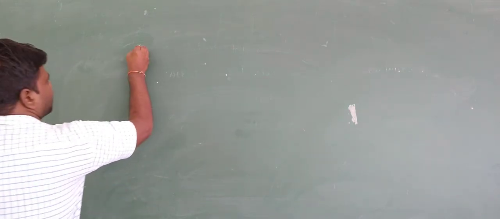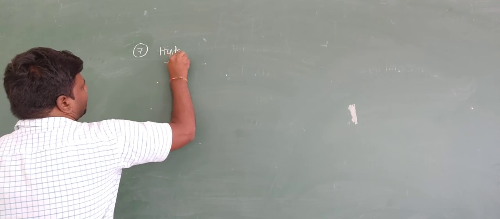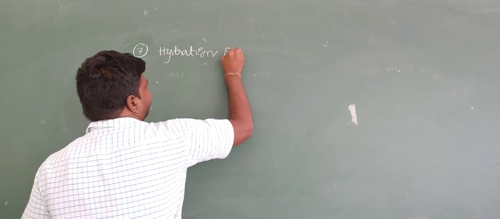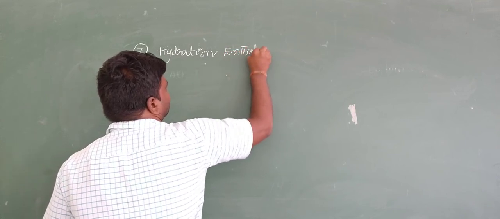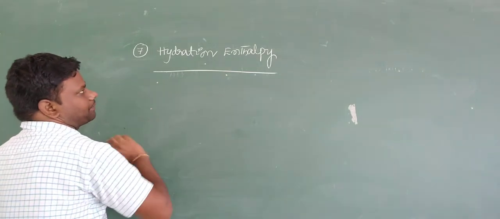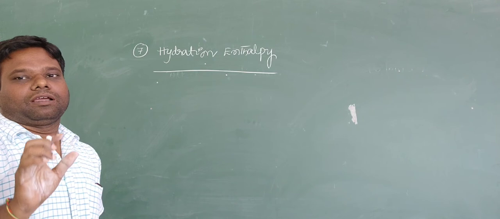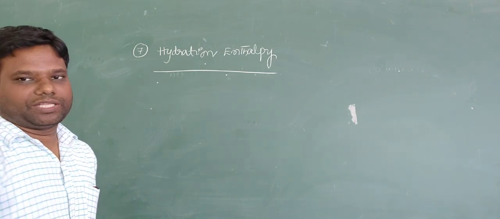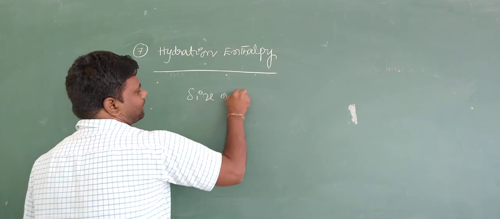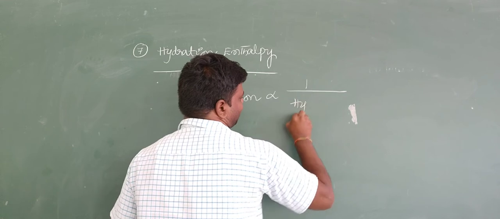Seventh property, hydration enthalpy or energy. Here one relation is that hydration enthalpy and size are inversely proportional. So size of the ion is inversely proportional to hydration enthalpy.